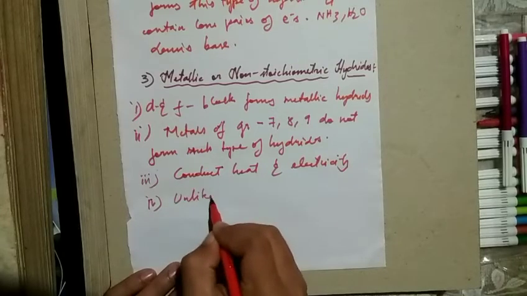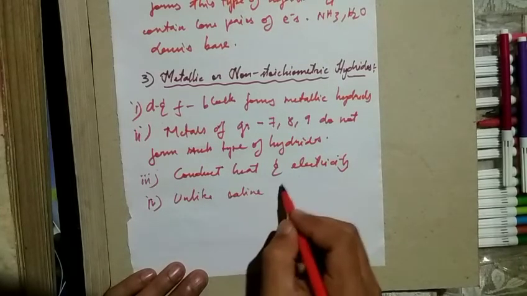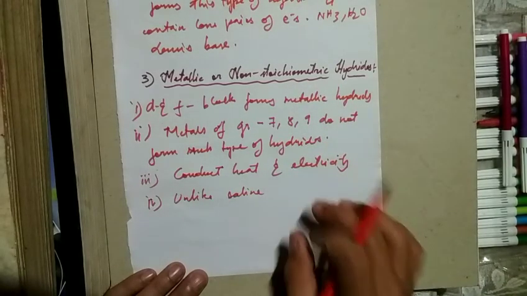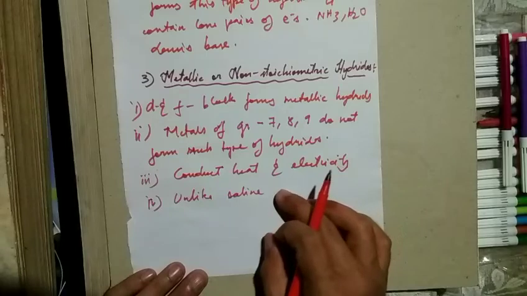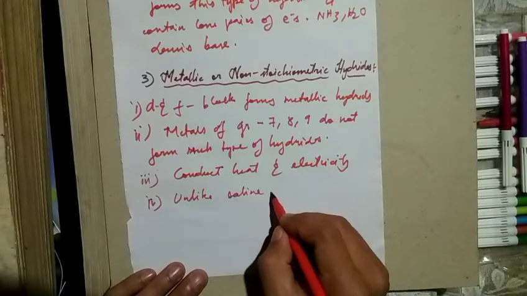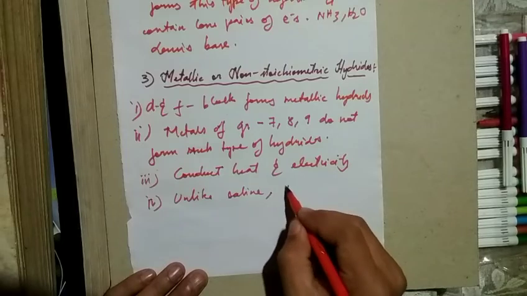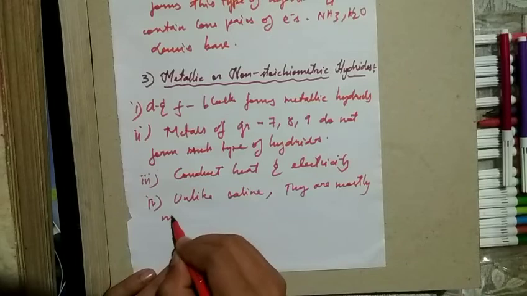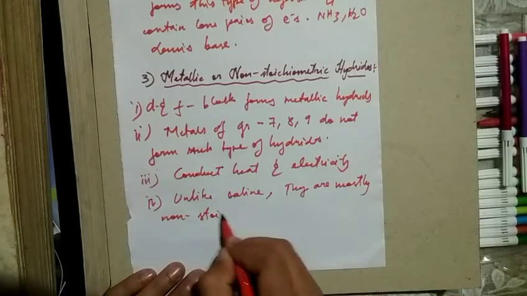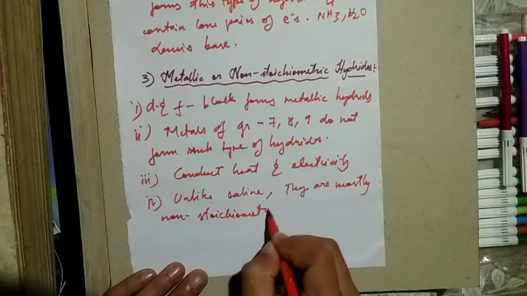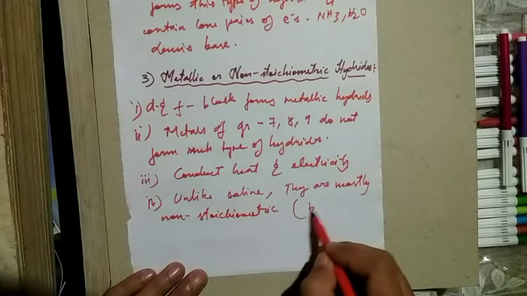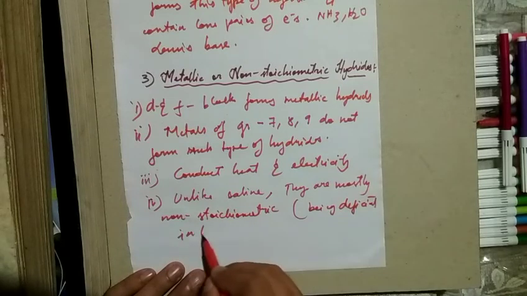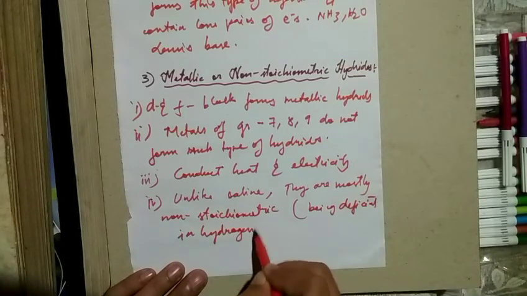Unlike saline hydrides, which have stoichiometry, meaning definite composition or proportions, these are mostly non-stoichiometric, being deficient in hydrogen, as hydrogen is less.